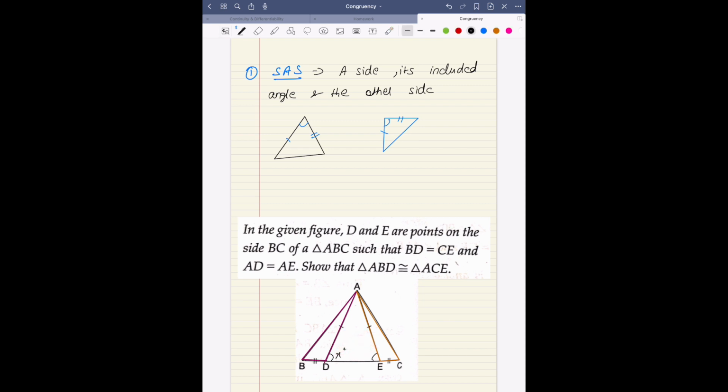So if this is x, this will also be x, correct? Then what will this angle be? 180 minus x. And this will also be 180 minus x. Why? Linear pair, straight line. If it is a straight line, it will form a linear pair.